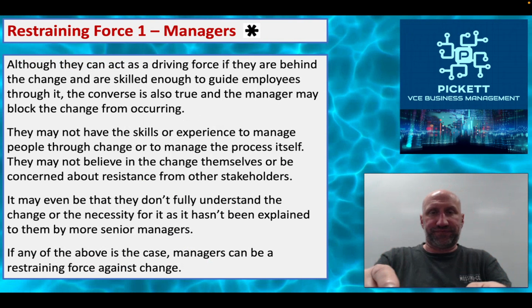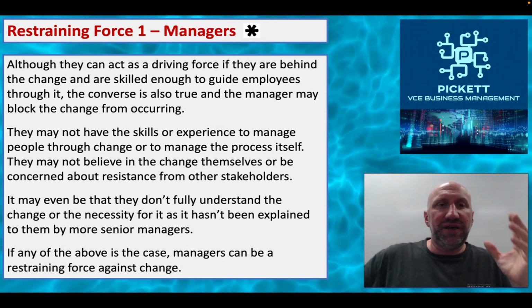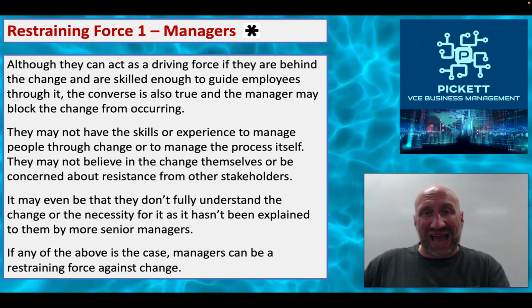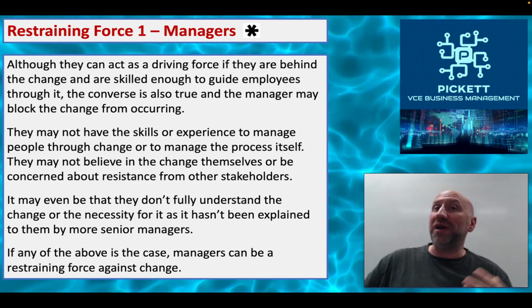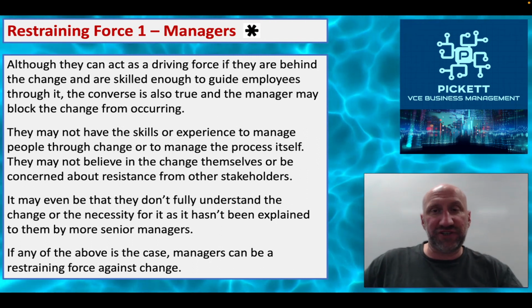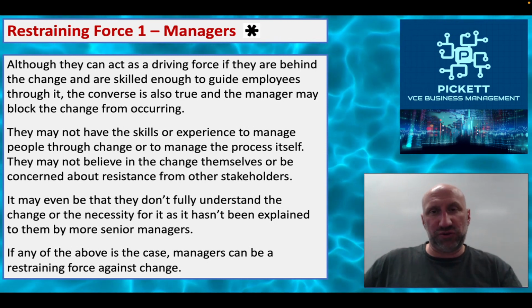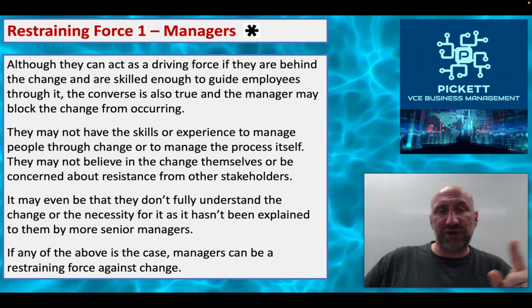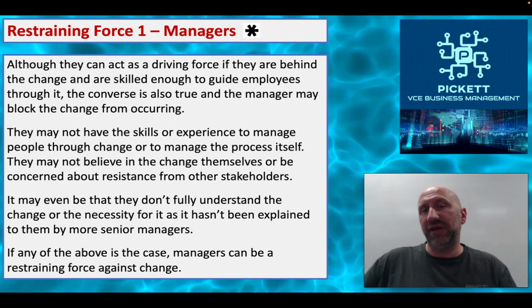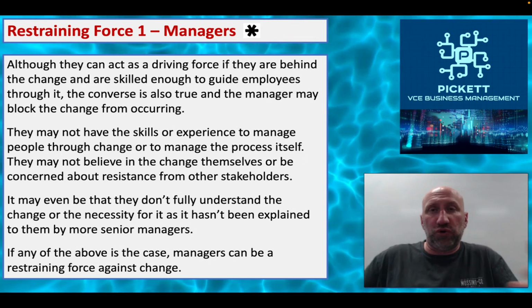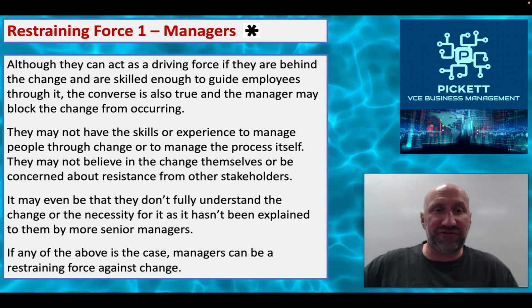Okay, managers. A little asterisk, because they appear in both lists, driving and restraining. So they can act as a driving force if they're behind a change and skilled enough to guide employees through it. But the converse is also true, and therefore the manager can also block the change from occurring. They may not have the skills or experience to manage people through change or to manage the change process itself.